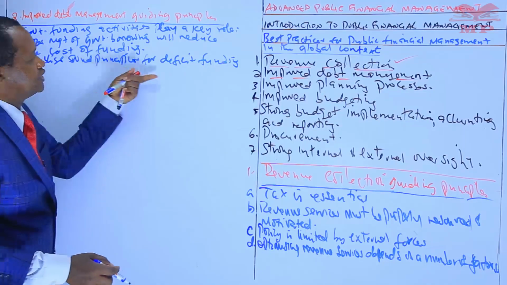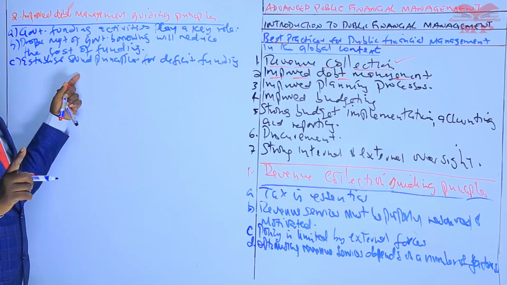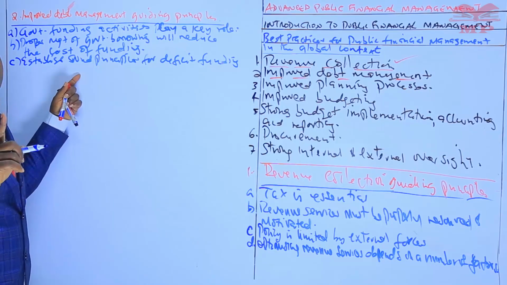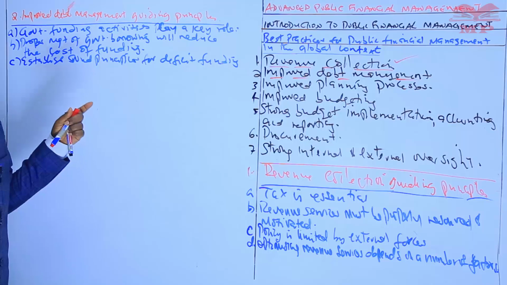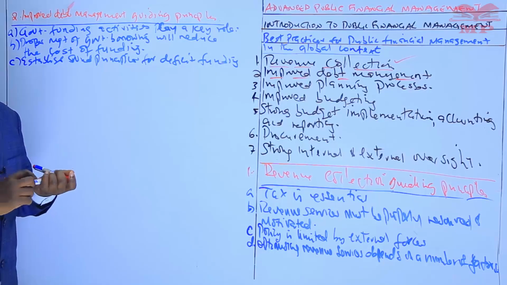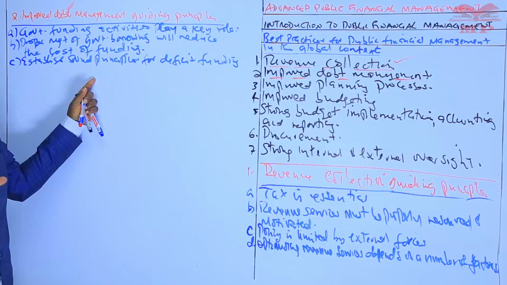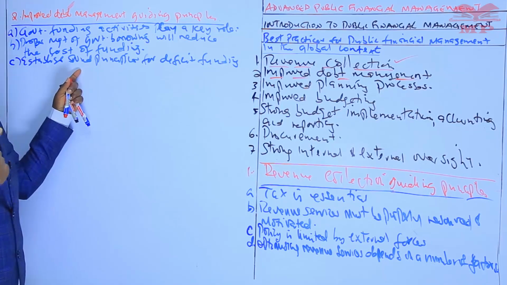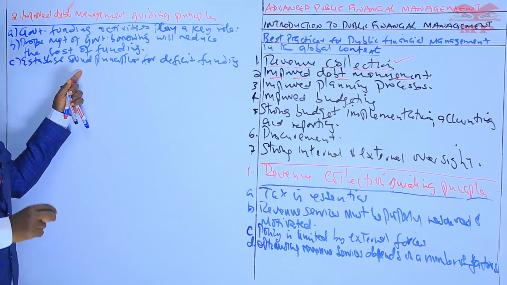Establish sound principles for deficit funding. And these principles, candidates, are crucial to effective public financial management and macroeconomic policy. The principles should include, number one, the public debt burden should remain sustainable, not only for the present, but also for future generations.